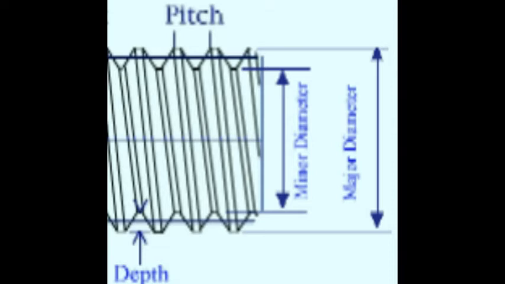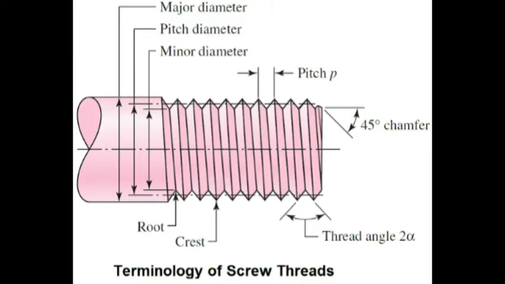Next one is thread angle or included angle. It is the angle included between the flanks or slopes of a thread measured in an axial plane.